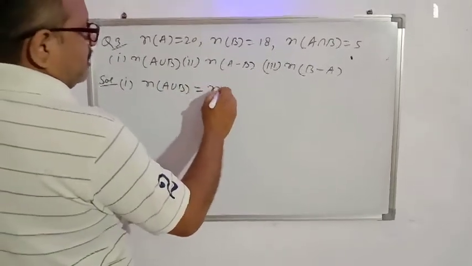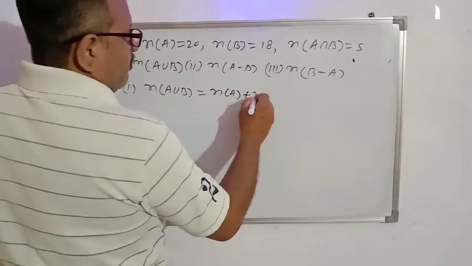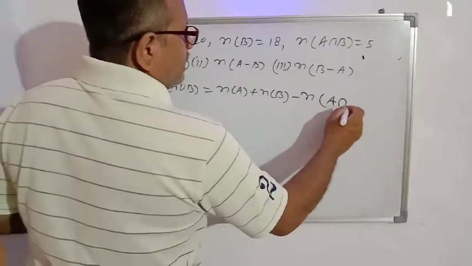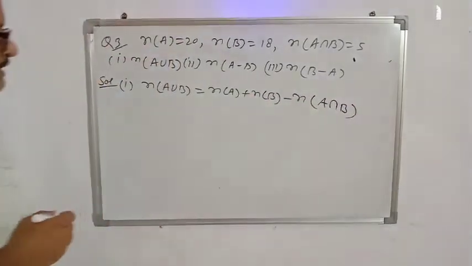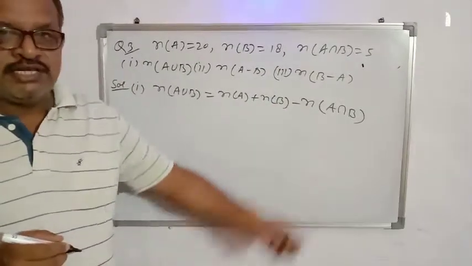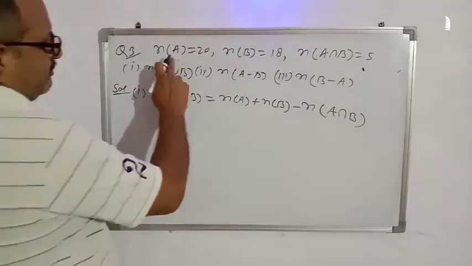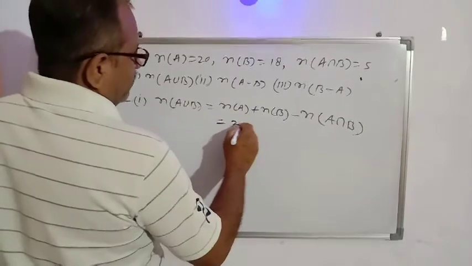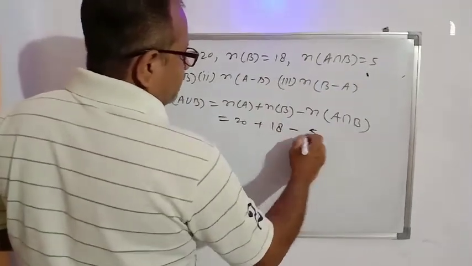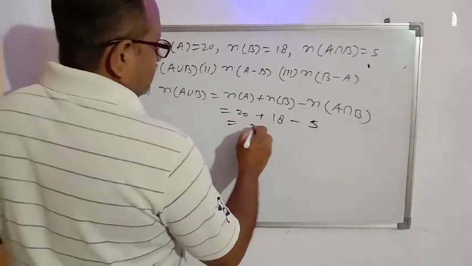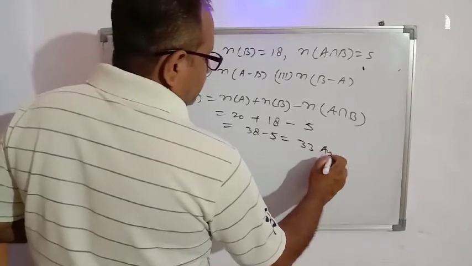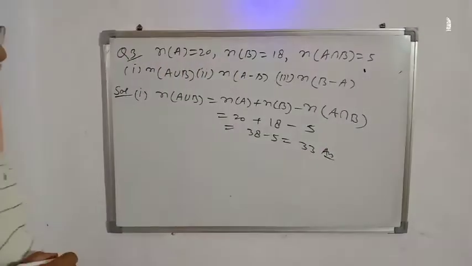The formula for n(A union B) is n(A) plus n(B) minus n(A intersection B). Put the values: n(A) 20, n(B) 18, n(A intersection B) 5. 20 plus 18, 38, minus 5, 33. This is the first part answer.